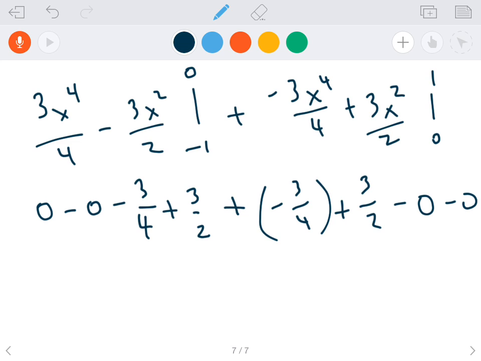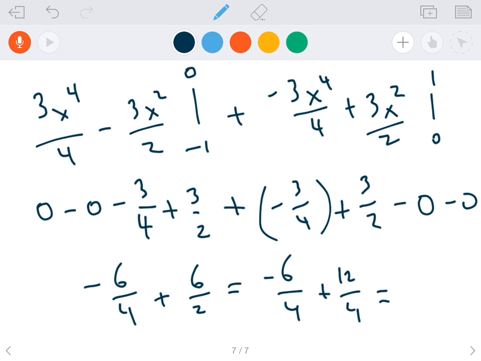I need some common denominators here. Well, let's see, I've got -6/4 plus 6/2. And I keep simplifying these fractions. I end up with 6 over 4 or 3 over 2. That is done.